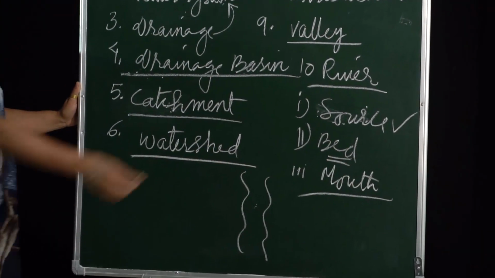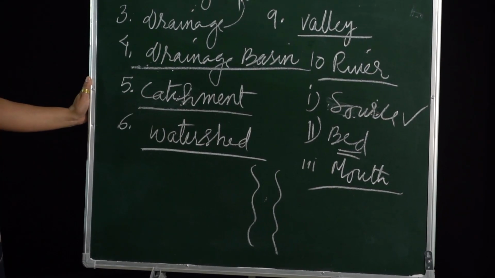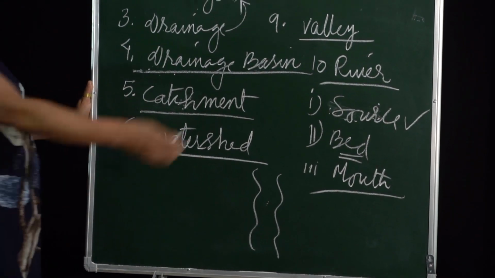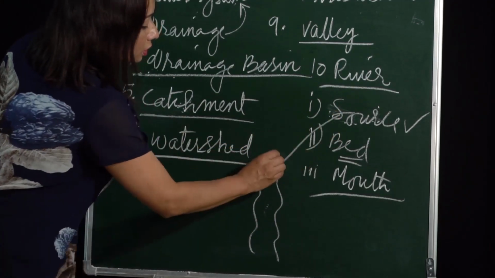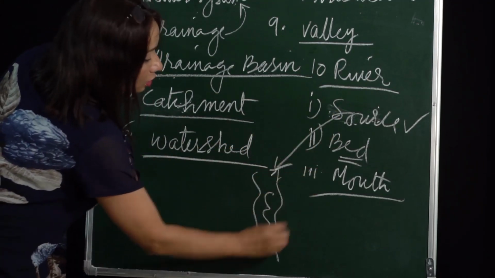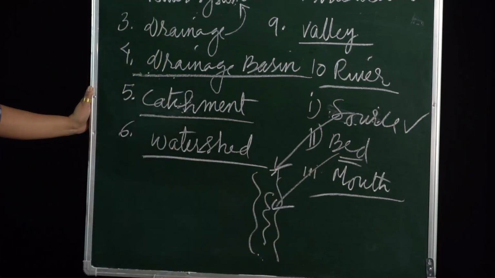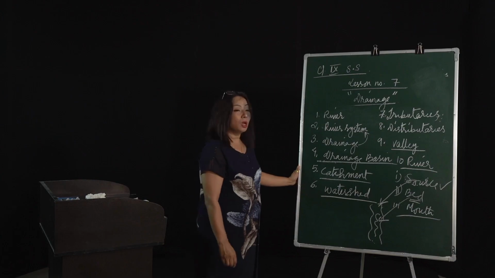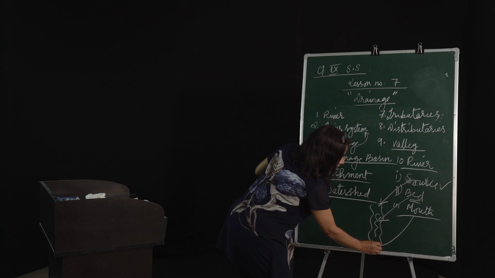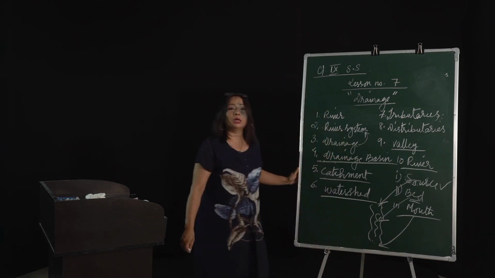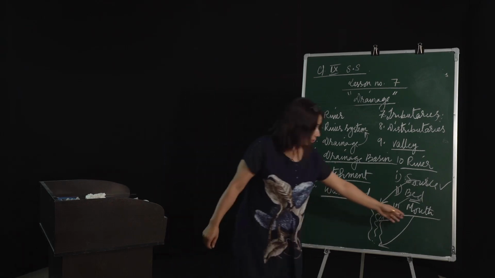Here I have shown you the valley, the low-lying land that is covered by a stream of water. The beginning part is called the source, here it is called the bed, and the end part where the river finally drains its water into an ocean, lake or sea, we call the mouth. This is the end portion where the river finally drains its water into an ocean, lake or sea, that is the mouth.